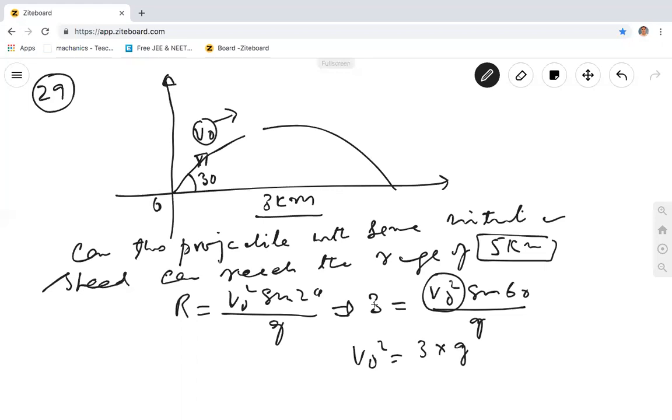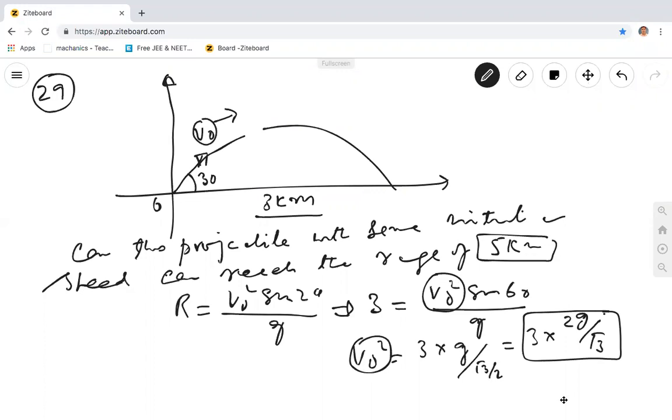You know this has a different unit, but keep it like that because I will not change any unit for the time being. So I am finding v0 square right now.